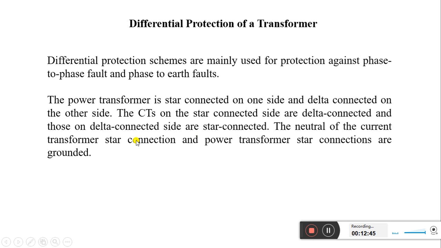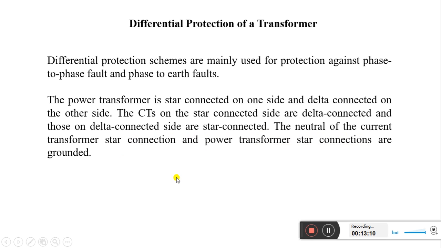What has been written here is that the power transformer is star connected on one side and delta connected on the other side. The CTs on the star connected side are delta connected, and those on the delta connected side are star connected. The neutrals of the current transformer star connection and the power transformer star connection are grounded.